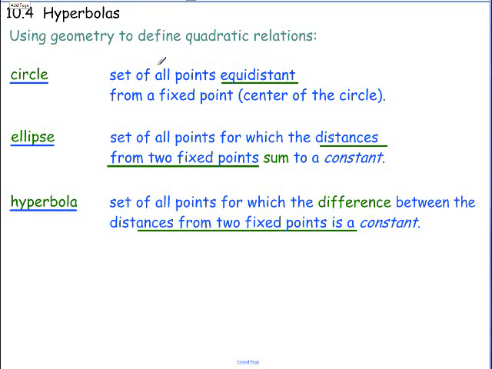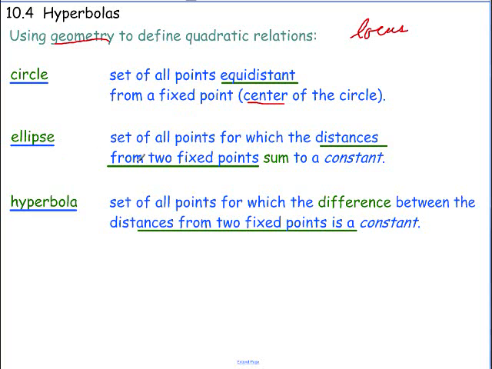Now we're going to use geometry. Remember we talked earlier about locus? Here it is again. We know for a circle we can define that in terms of the locus of its points, a geometric definition. A circle is the set of all points equidistant from a fixed point, that fixed point being the center of the circle.